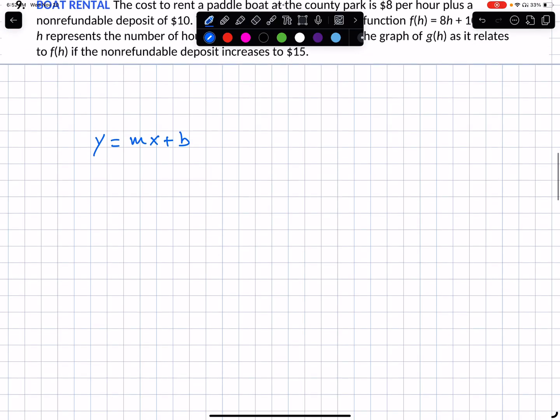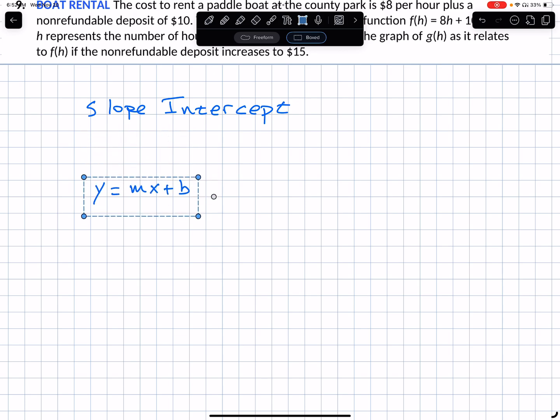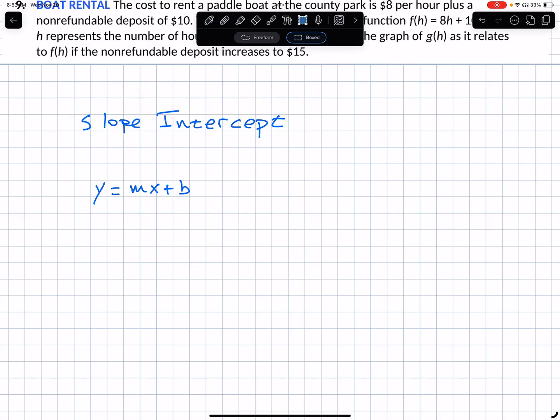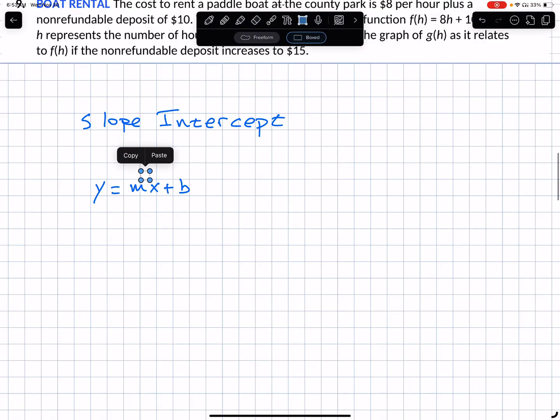Remember, that's called slope-intercept form, where m is the slope and b is the y-intercept.